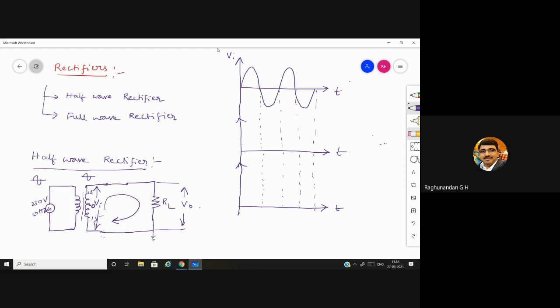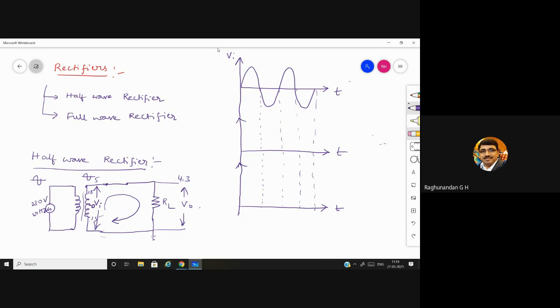If there is a voltage drop, what will happen? A 0.7 volt difference will be created. That means if you are giving 5 volts here, you will be getting 4.3 volts here. So 0.7 or 0.3 volts will be dropped across this diode.